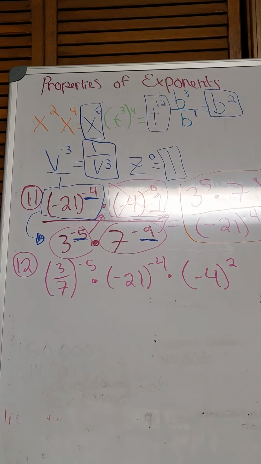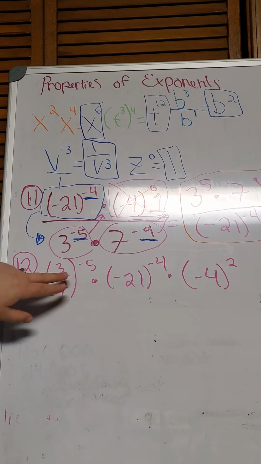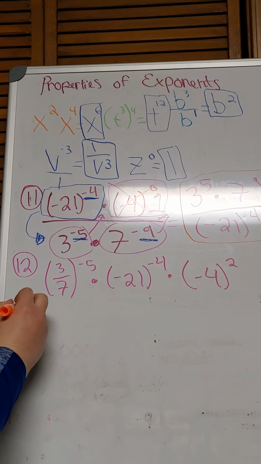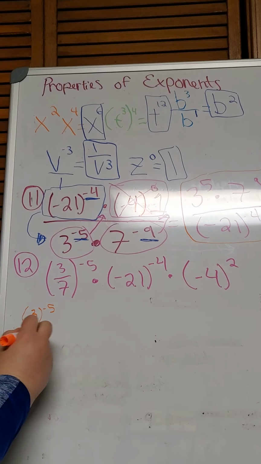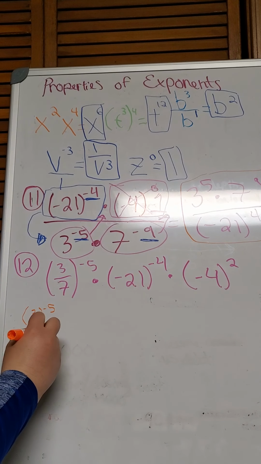For 12, now 12 is kind of tricky here because I have a fraction raised to a negative exponent here. So when I have 3/7 in parentheses and negative 5 on the outside, that's the same thing as saying I have 3 to the negative 5th over 7 to the negative 5th.